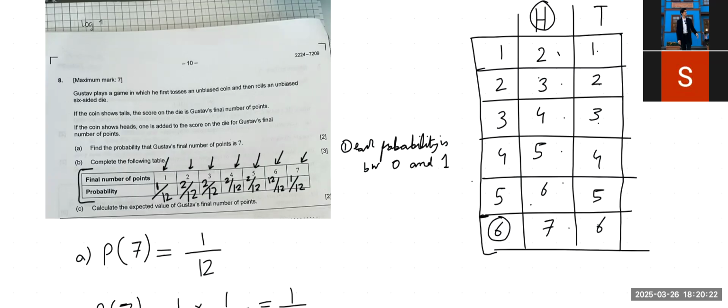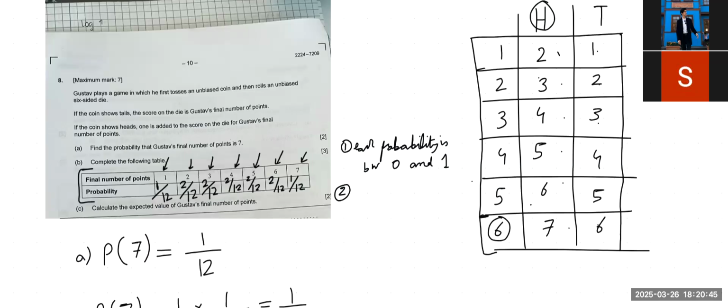Number two, the extremely important thing is that all of the probabilities added up have to be equal to 1. So every single probability has to add up to a total of 1. If it doesn't, then this is not valid. We can check if it adds up to 1. So 1, 2, 3, 4, 5, 6, 7, 8, 9, 10, 11, 12.